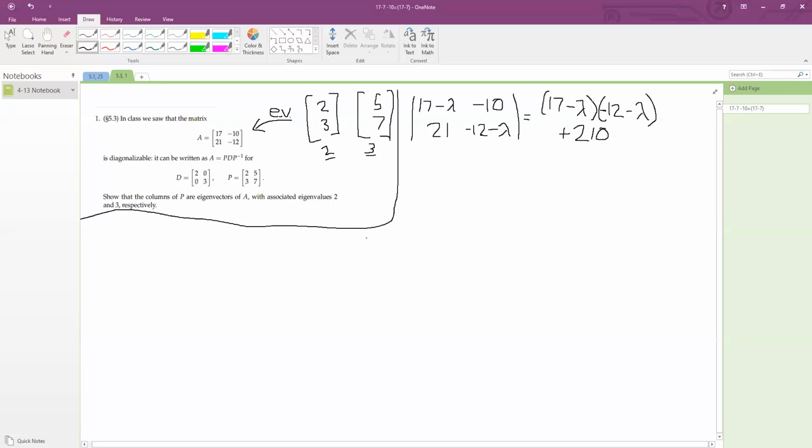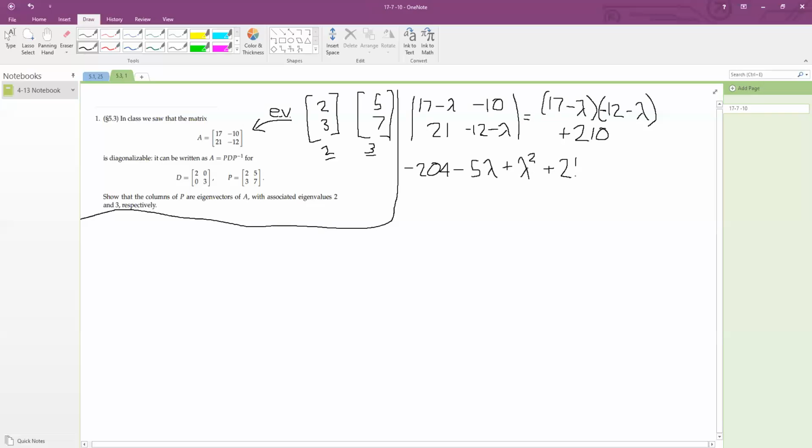And there we go. So now we just have to multiply the rest of this. We have 17 times -12, that's going to be -204. We have -17 lambda, if you multiply those out, plus a 12 lambda, that's going to leave us with -5 lambda. And we have negative lambda times negative lambda, which is going to be positive lambda squared.